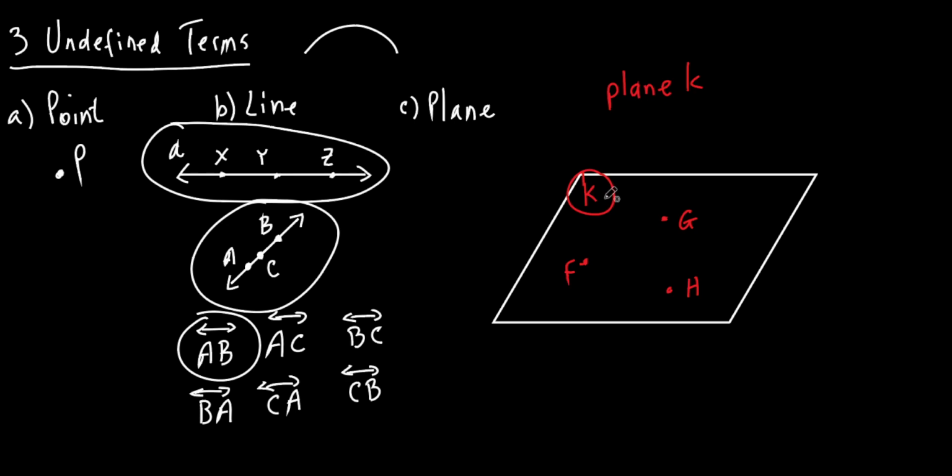But what if they didn't give you that? What if they just gave you 3 points on the plane? Then you would call it plane, and it doesn't matter what order you put them in. It makes no difference whatsoever. All right? Let's just go FGH. There's no fancy symbol. You just write the word plane in front of any 3 letters.